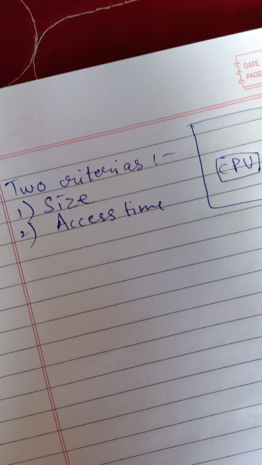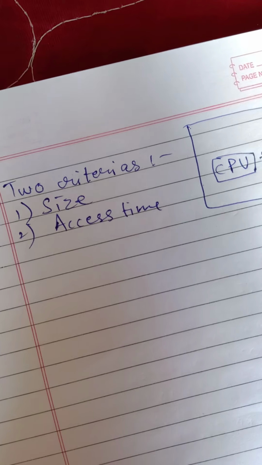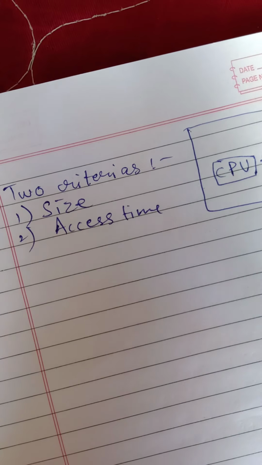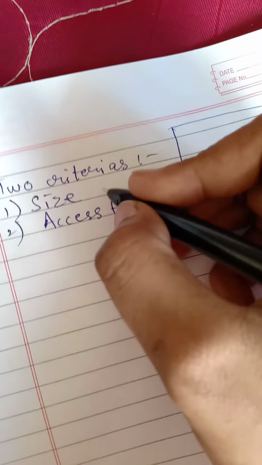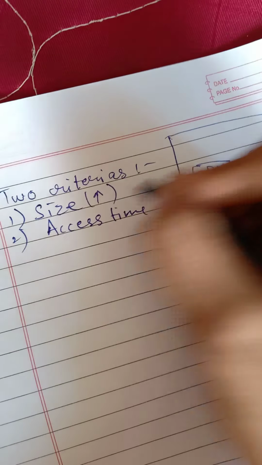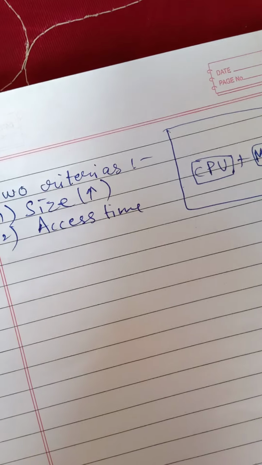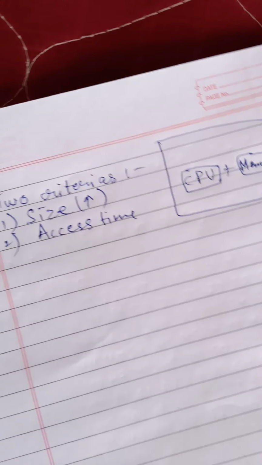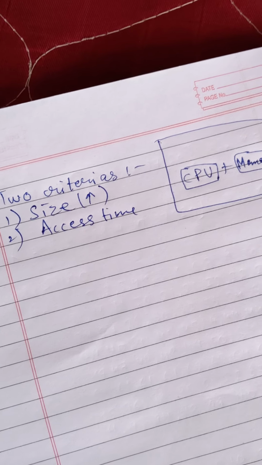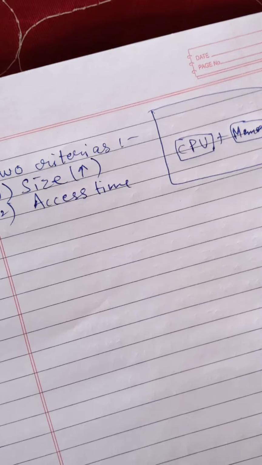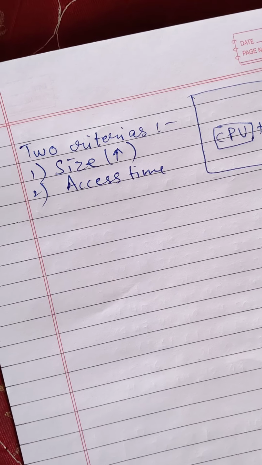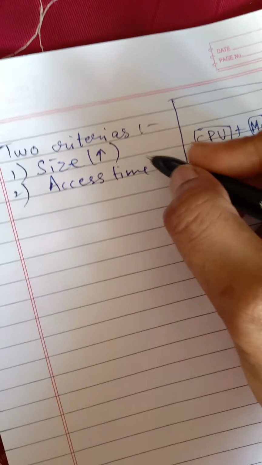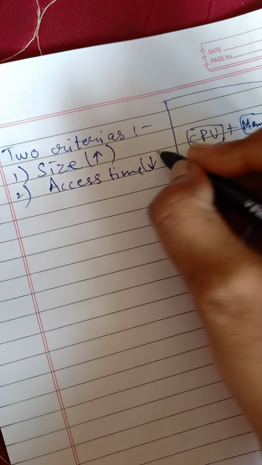What we want from our computer is a large storage capacity, so we want a bigger size. The time taken to retrieve any data from that storage should be very less for efficient working of our computer, so access time is desired to be less.